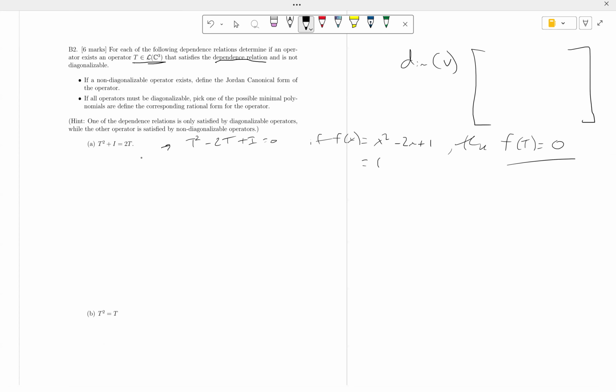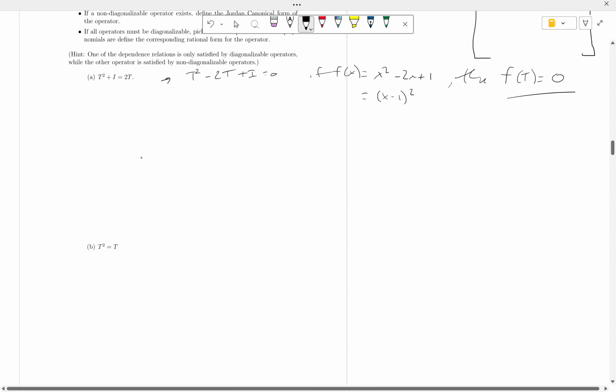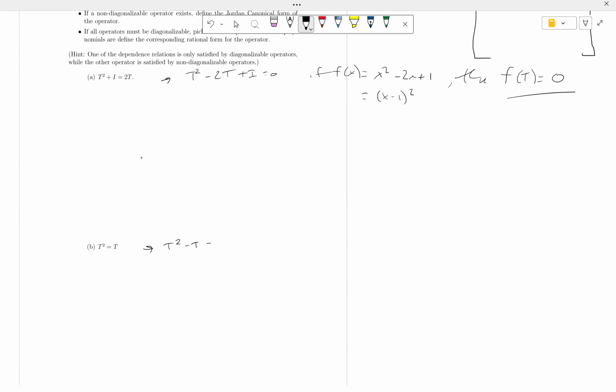Factoring this, I get x minus 1 squared. Down here, I've got t squared minus t equals 0. If f of x equals x squared minus x, then f of t equals 0.